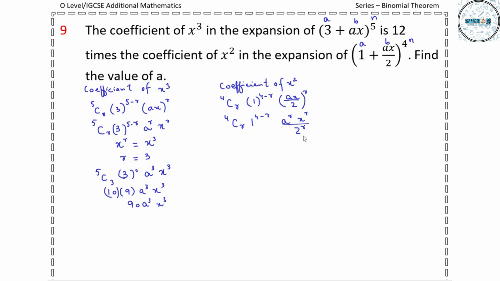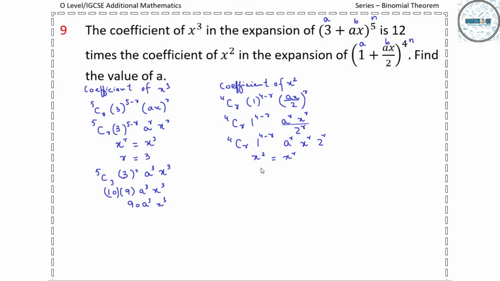If we take 2^r to the numerator, it will be 4Cr × 1^(4−r) × a^r × x^r × 2^(−r). So we just have here x^r, which is to be equated to x squared.